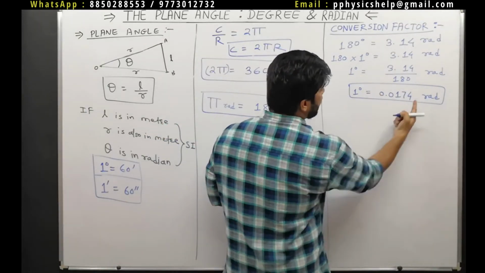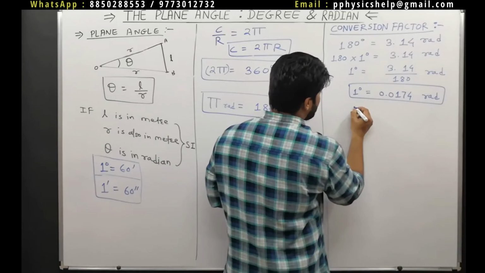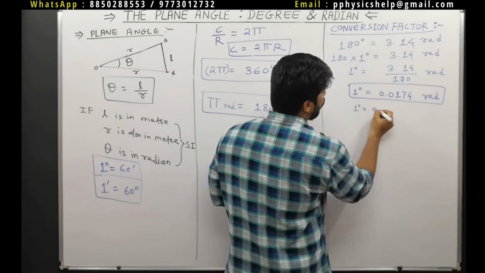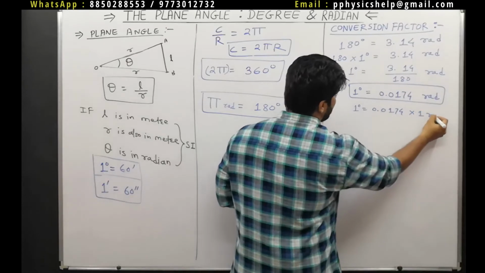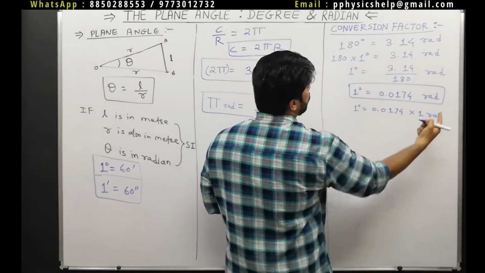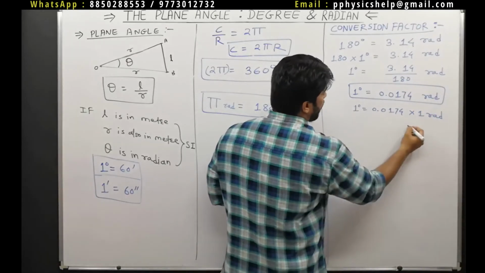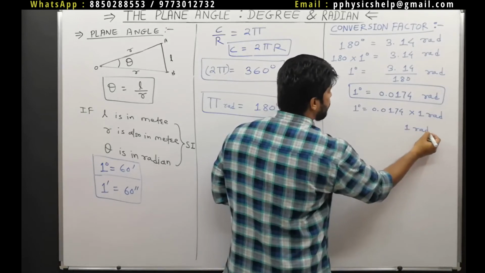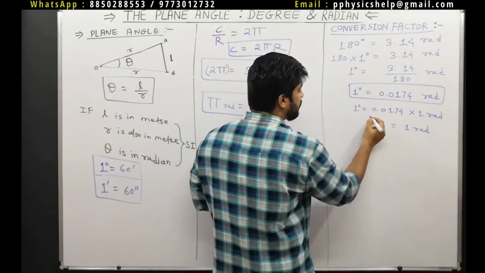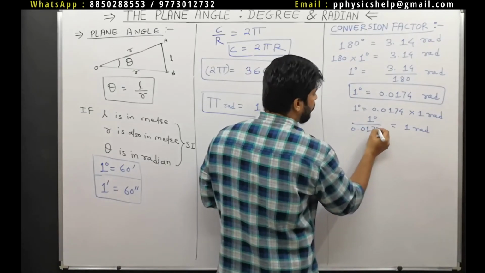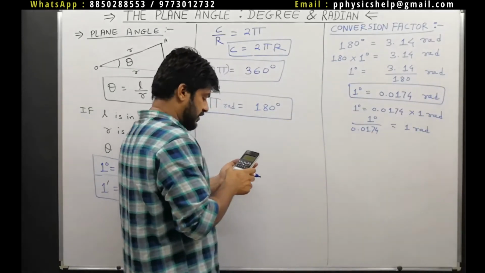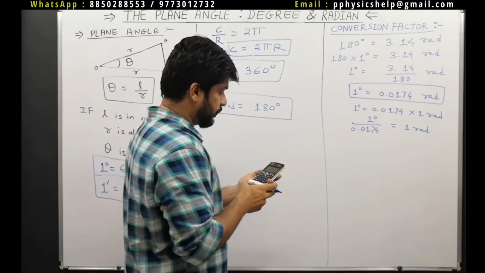Now let's do the reverse. I can write this equation in this way also, 0.0174 into 1 radian, right? This is just 1, so it is not going to matter. So I can write this as 1 radian is equal to, I can take this term and divide over here, 1 divided by 0.017444, and let's see what answer we get.